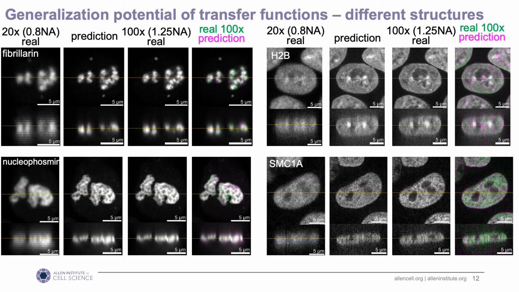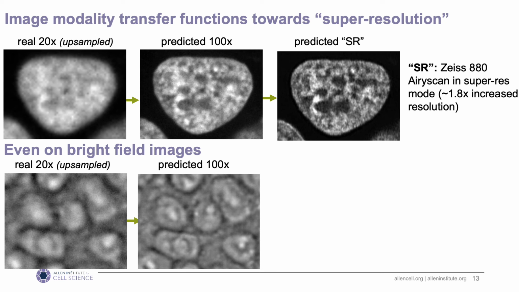Our method can be applied to other structures such as nucleoli, with the proteins fibrillarin and nucleophosmin that show different levels of structural complexity, and the proteins H2B and SMC1A that tag different aspects of chromatin, showing different types of texture in the nucleus. The application is not limited to 20x to 100x.